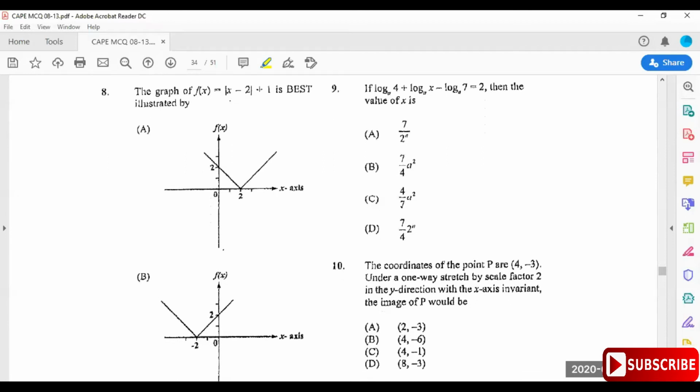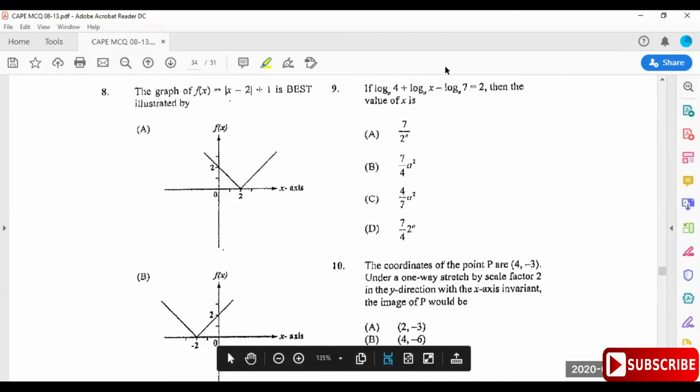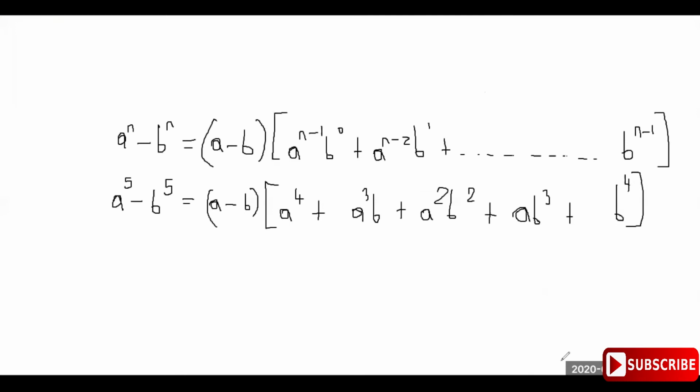All right. Now, the graph that represents the modulus of x minus 2 plus 1. The first thing I'm going to start off with is, what does the graph of the modulus of x look like? So this is the graph of the modulus of x.